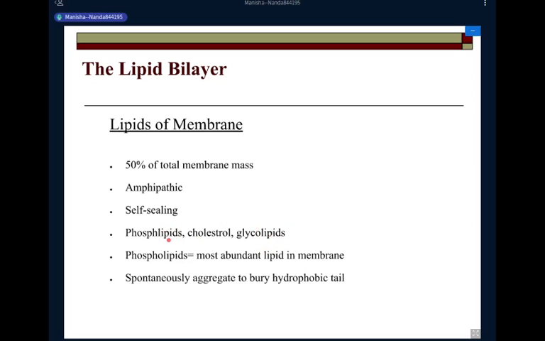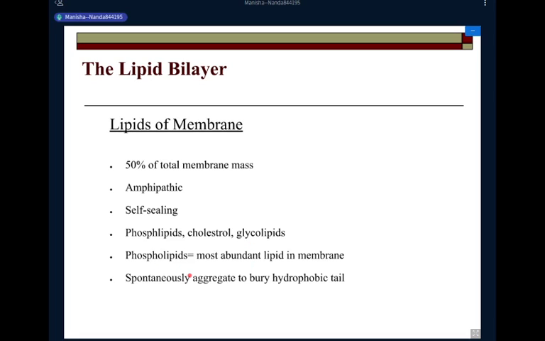These phospholipids you have seen in gray color in that diagram. Cholesterol was represented in yellow, and for glycolipids, you must have seen that to the membrane lipids somewhere a carbohydrate chain, represented in green, was shown there. So it is composed of phospholipids, cholesterol, and glycolipids.